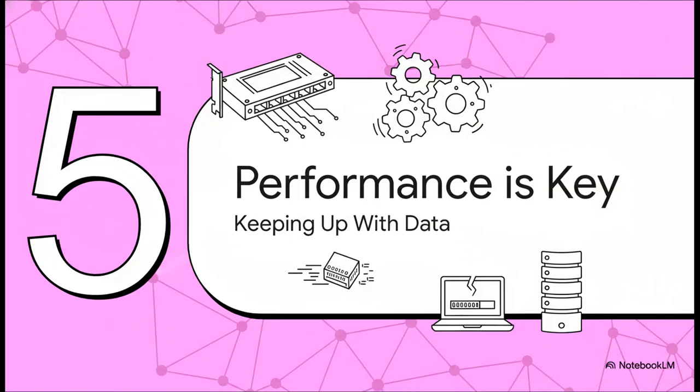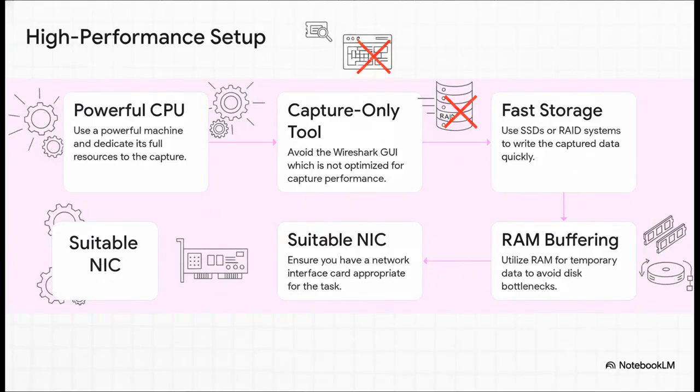We are almost at the finish line. This last section in the notes covers a really practical point. Capturing tons of network data, especially on a really fast network, is an incredibly demanding job. Your average laptop, well, it's probably not going to be able to keep up. So, for those high-speed networks, your professor's notes give us a recipe for success.